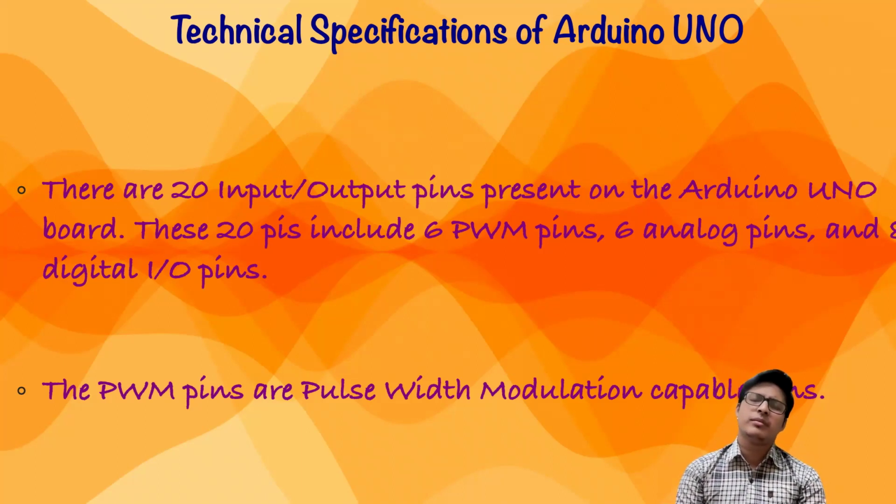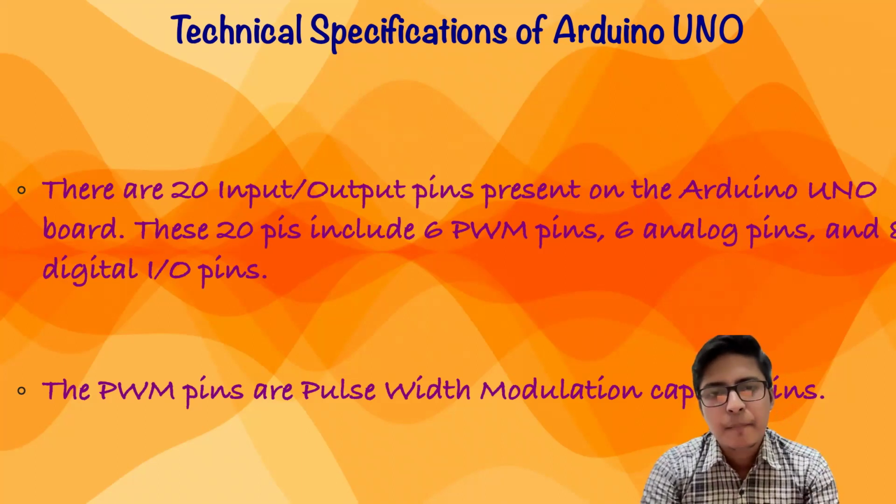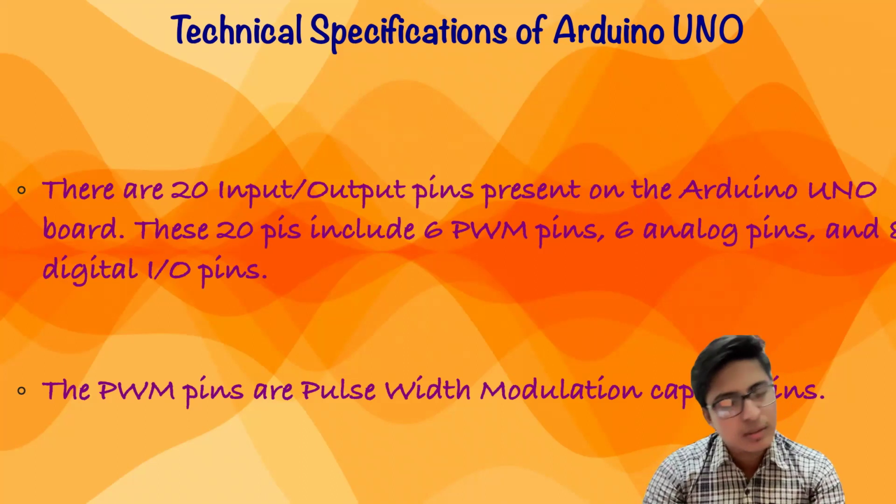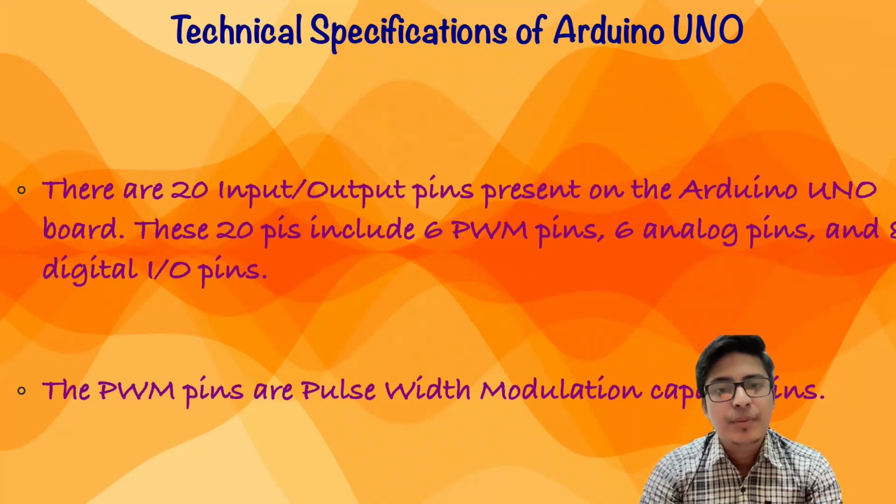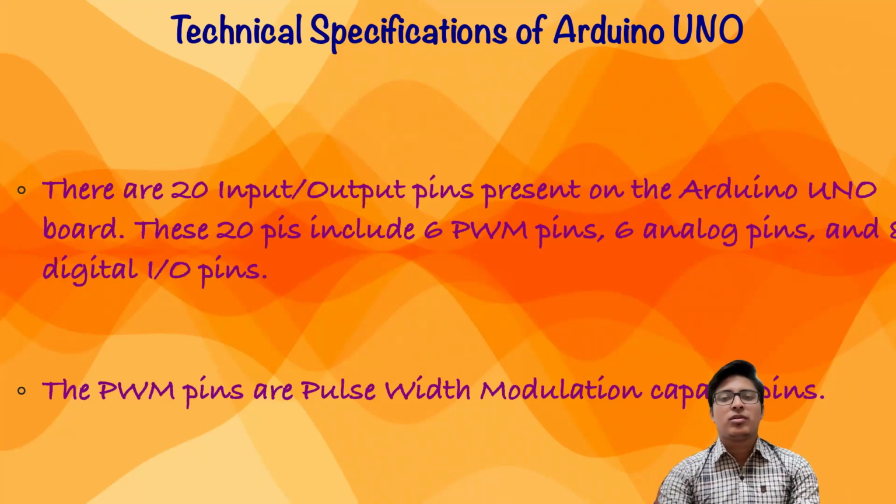Dear students, what do we mean by PWM pins? It is basically meant for pulse width modulation. We'll come to that later, no worries. Then 6 analog pins, and the rest are digital pins. Understood? The PWM pins are basically pulse width modulation.